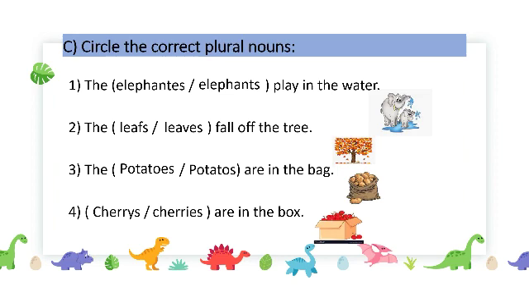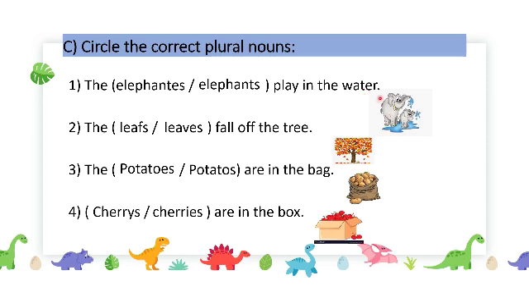Third exercise, circle the correct plural nouns. Students, here in a bracket, we have given you two words. You have to identify which one is the correct plural form. The ELEPHANTES and ELEPHANTS play in the water.